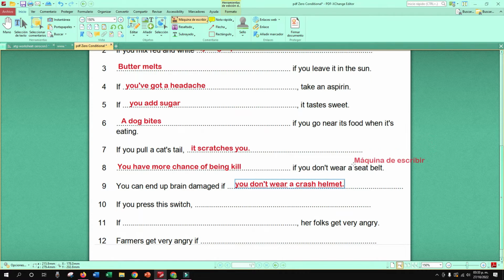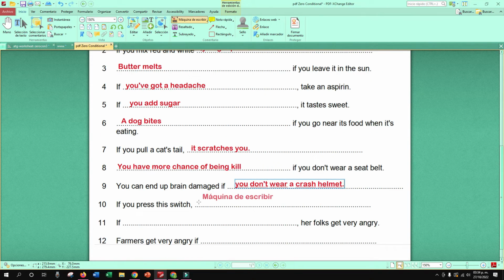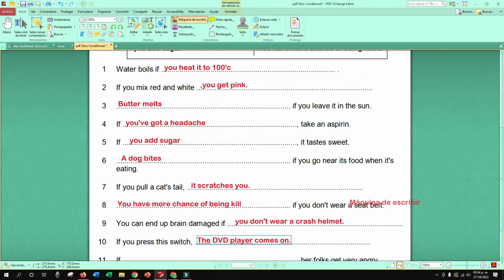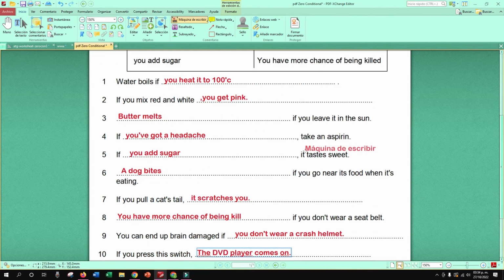So, also there you have, if you press this switch, the DVD player comes on, right? So, I just want you to continue studying the zero conditional, guys.